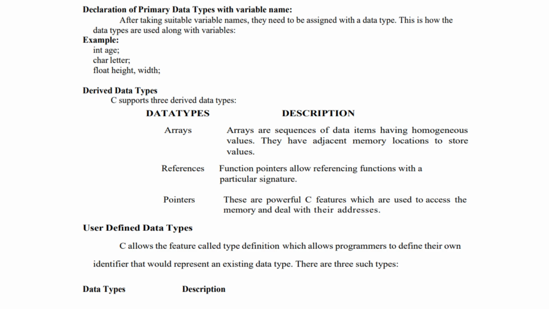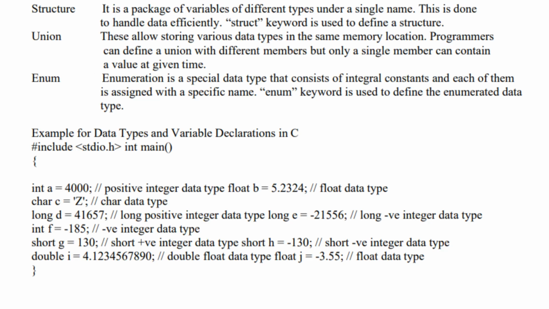User-defined data types. C allows the feature called type definition, which allows programmers to define their own identifier that would represent an existing data type. Structure. It is a package of variables of different types under a single name. This is done to handle data efficiently. The struct keyword is used to define a structure. Union.